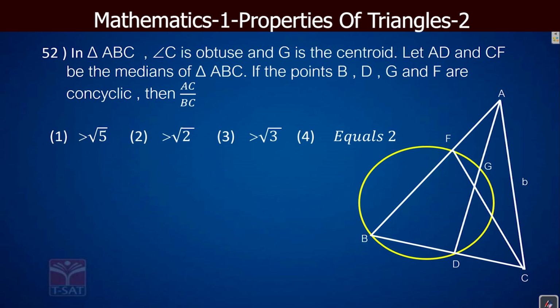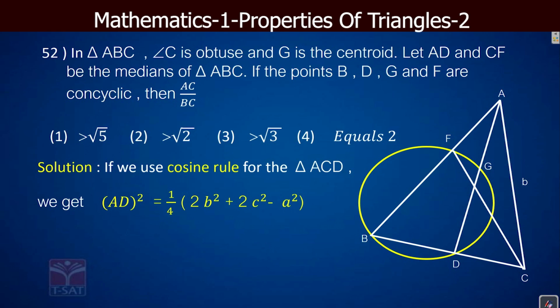Now, for the triangle ACD, after drawing the diagram, AD square is equal to 1 by 4 into 2b square plus 2c square minus a square. Please remember that in any triangle ABC, if AD, BE and CF are the medians, then 4 AD square is equal to 2b square plus 2c square minus a square.